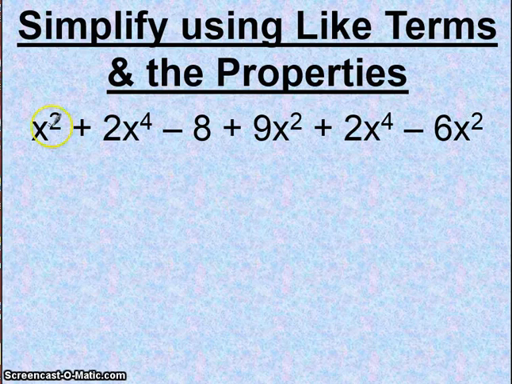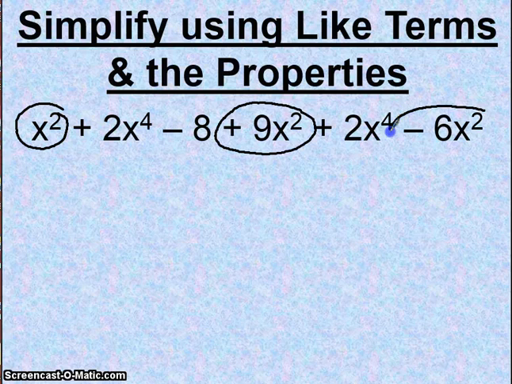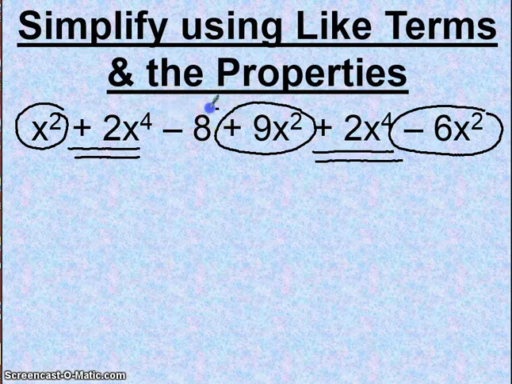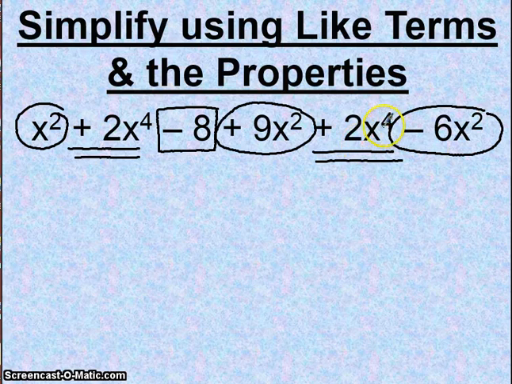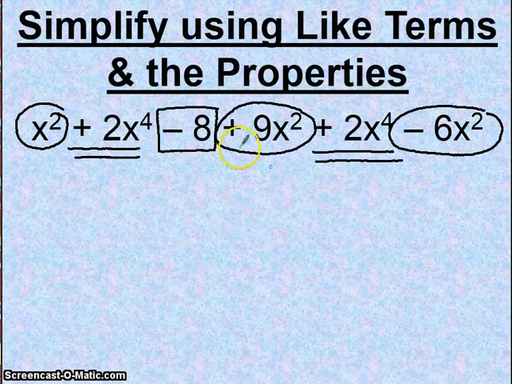So if you start marking your like terms, we have x squared and positive 9x squared and negative 6x squared as like terms. We have positive 2x to the fourth and positive 2x to the fourth, which are like terms, and we have negative 8 as a constant with no other terms like it. Do you see how I've used 3 symbols to mark my like terms? That means that my answer will have 3 terms in it.